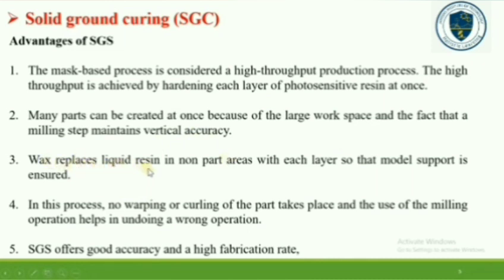Third one, wax replaces liquid resin in non-part areas of each layer so that model support is ensured. So with the help of wax we can create a clear product with the help of support.